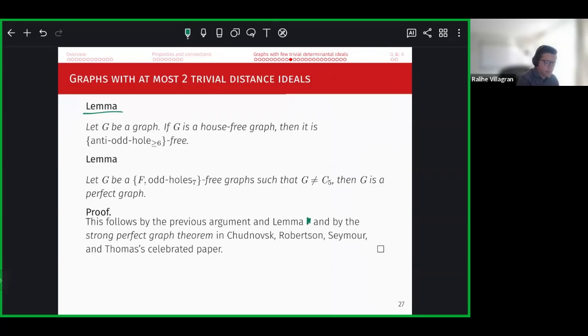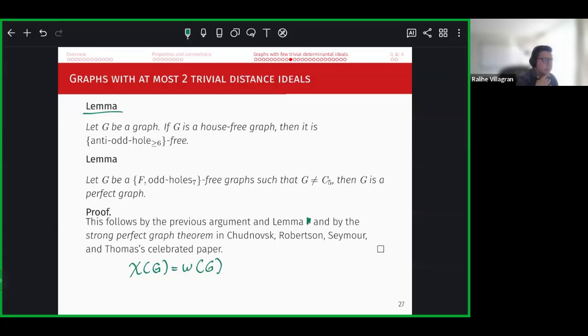Perfect means that the coloring number is equal to the clique number for the graph and for every induced subgraph of G. And Chudnovsky, Robertson, Seymour, and Thomas proved that that's true.